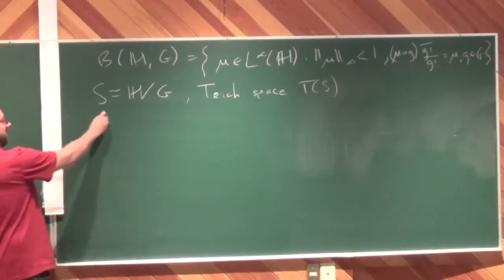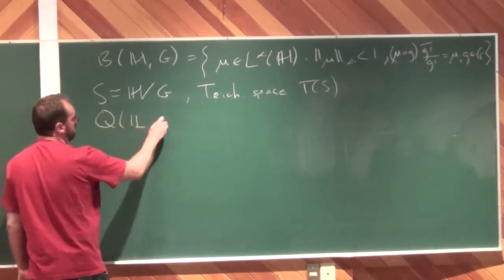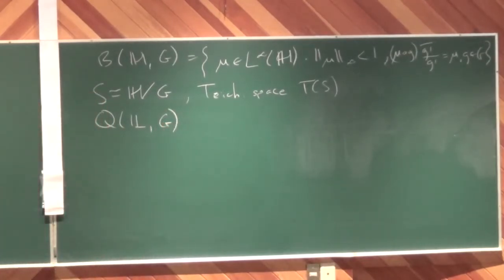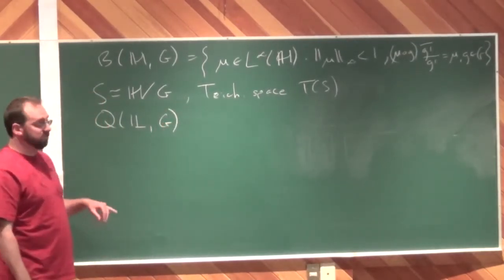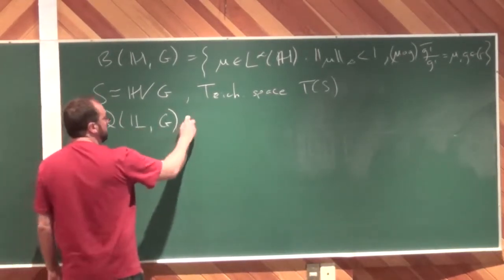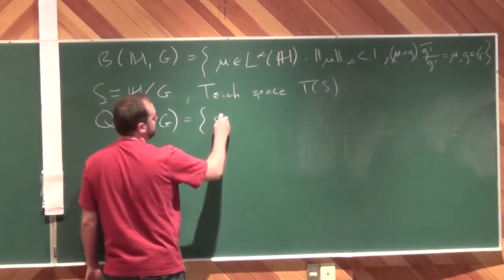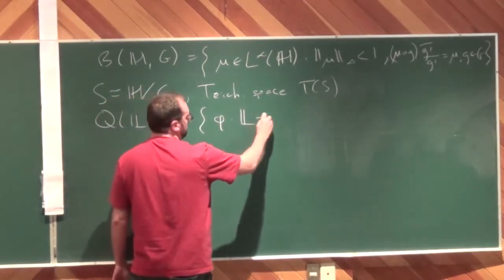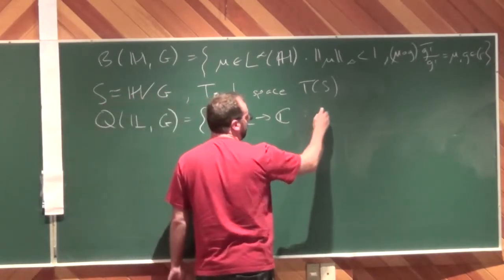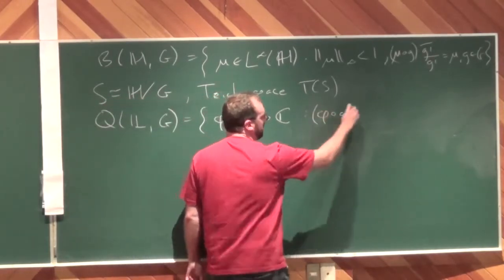And then we have also defined the space of holomorphic quadratic differentials on our surface S, or equivalently holomorphic functions on the lower half plane, which is G invariant. So we can view that as phi's from the lower half plane to C, so that they're G invariant this way.